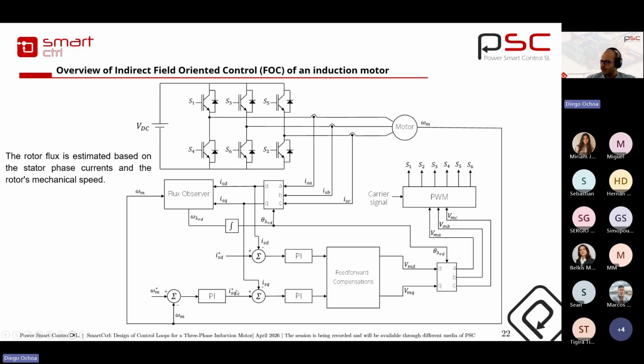The torque will be imposed by the second PI, for the outer loop. This PI controls the speed of the rotor, the mechanical speed of the rotor. So we impose the torque, and then we have an inner loop that tries to regulate it. Also, in this control structure, we have to sense the three-phase current and the mechanical speed of the rotor.